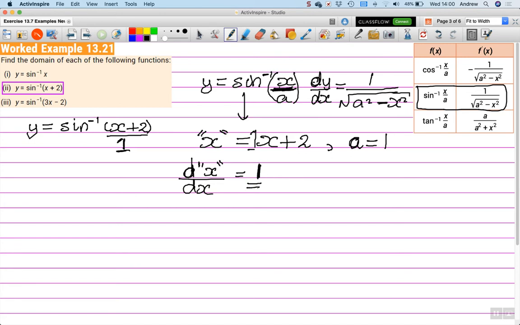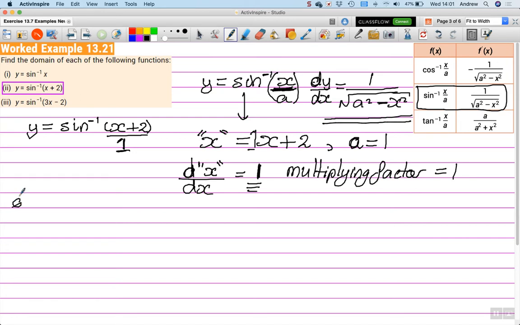So therefore our multiplying factor is equal to 1.